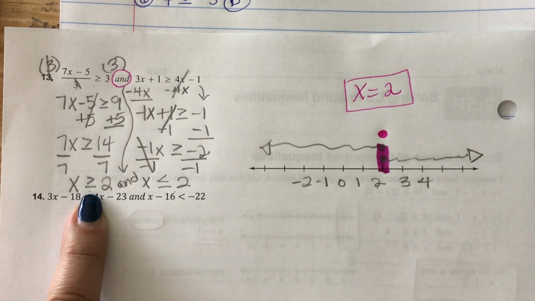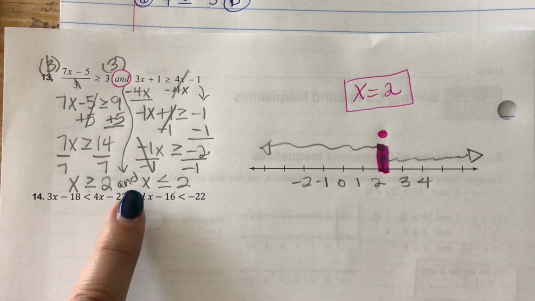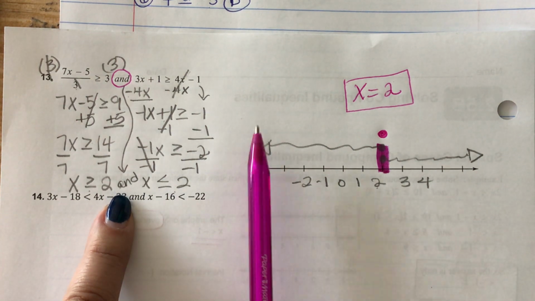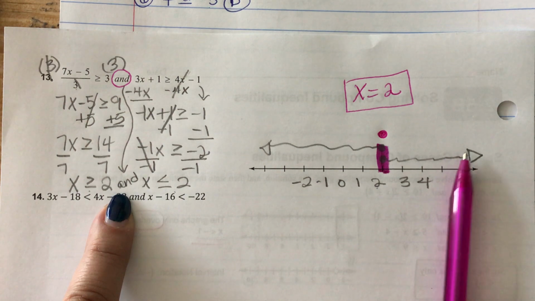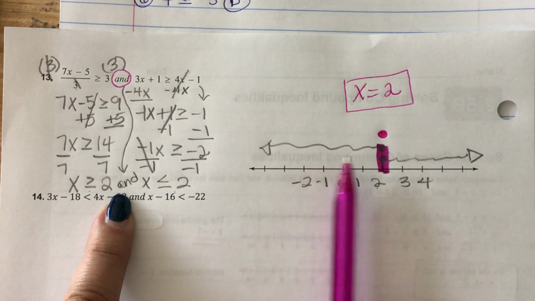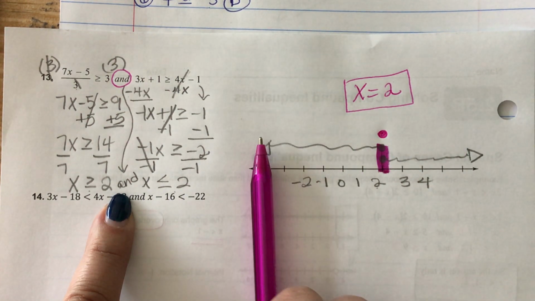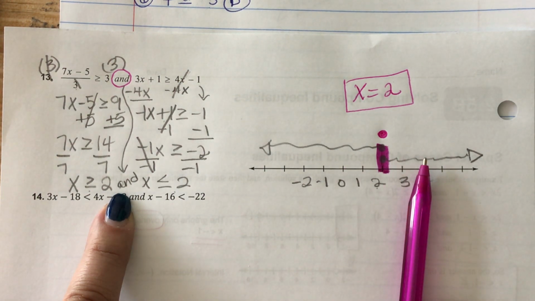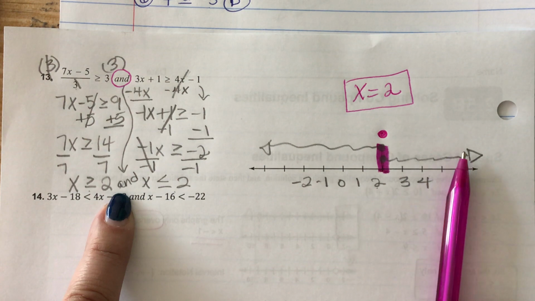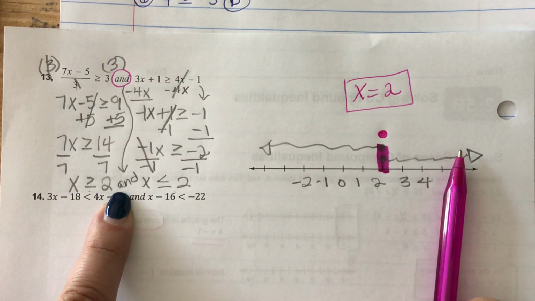Now, just for fun, let's think for a second if this had been an or statement. If this had been an or statement, as long as it's true for one or the other, then it would work. Well, if this one is 2 and everything less than 2, and the other one is 2 and everything above, for an or statement, this would have been all real numbers. This would have been the entire number line. So just for fun, just understand that.